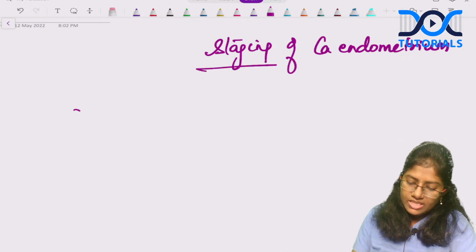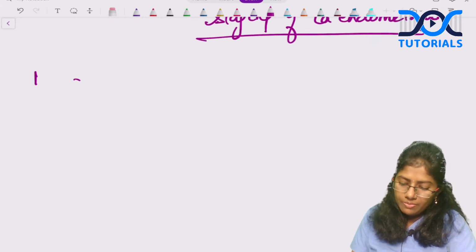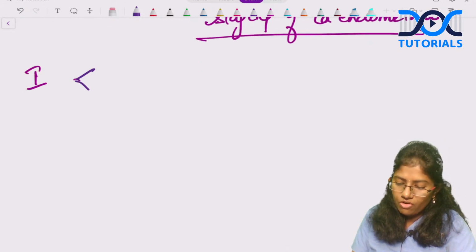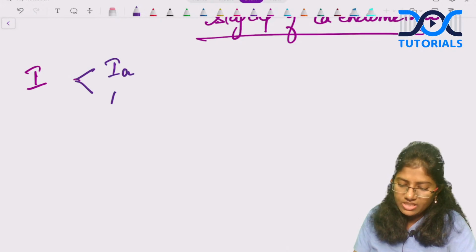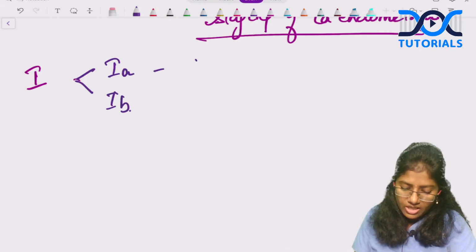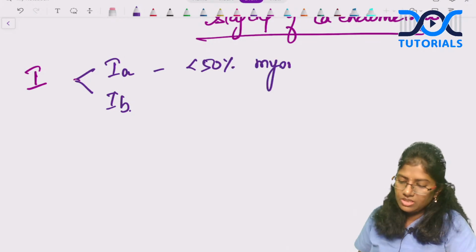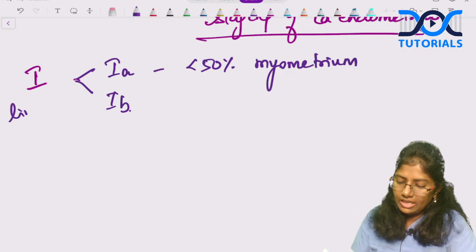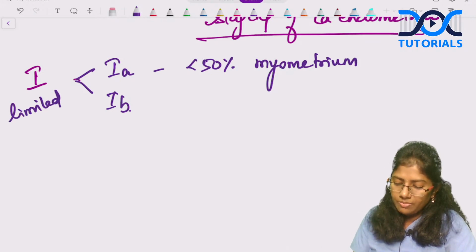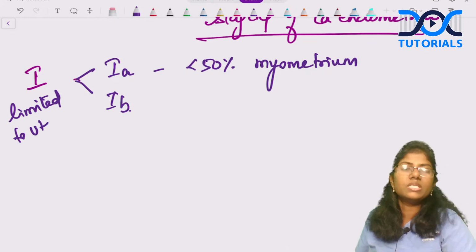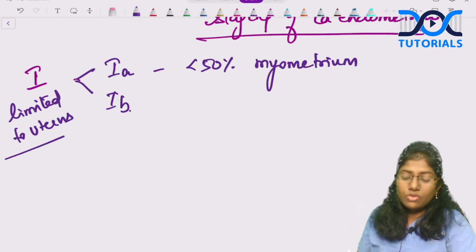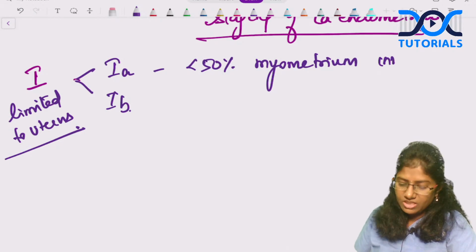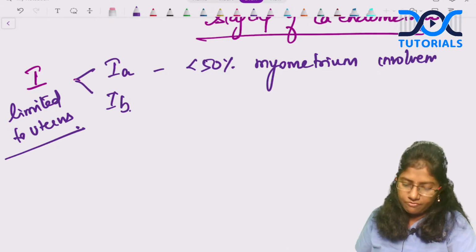Stage 1 is limited to uterus, and in turn, less than 50% of myometrial involvement is 1A, and more than 50% of myometrial involvement is 1B.